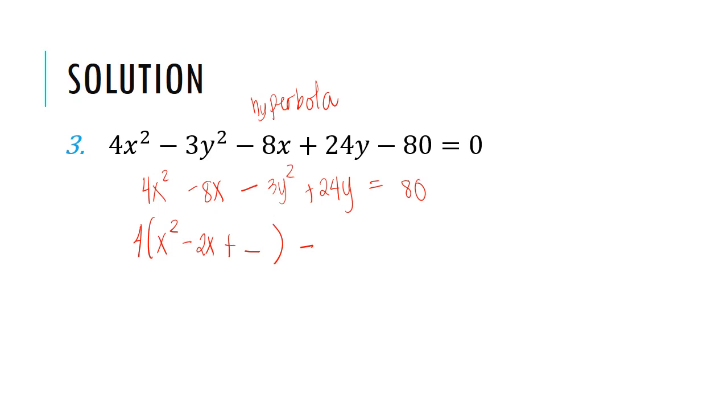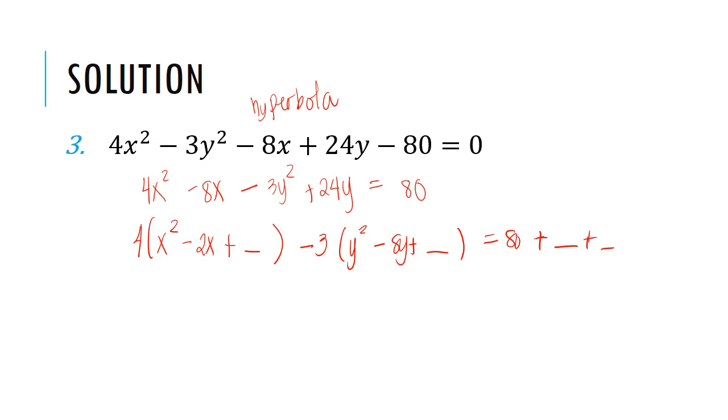So we factor out negative 3, and we simplify to y squared minus 8y plus some constant to complete the square equals 80. Then what we added on the left side should also be added on the right side.